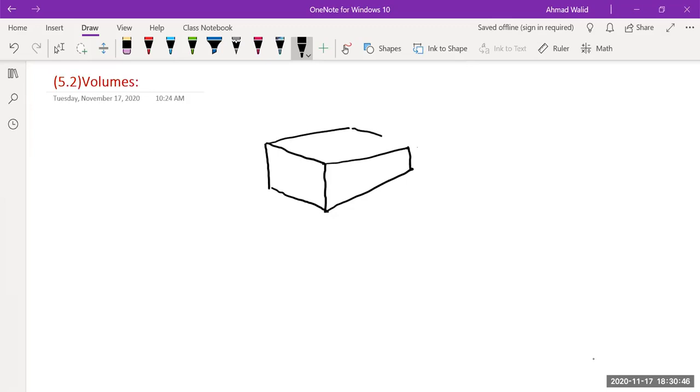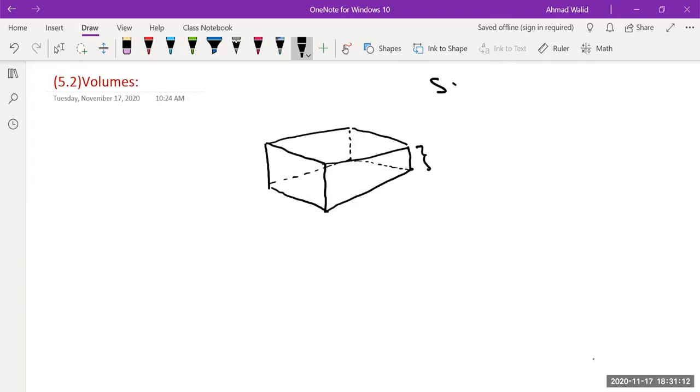Let's think about this shape. One side is smaller, one side is big, and it's a 3D shape, right? If I make it 3D for you, hopefully you can see that it's a 3D shape. I want to find the volume of this shape based on calculus. And it's a solid shape.